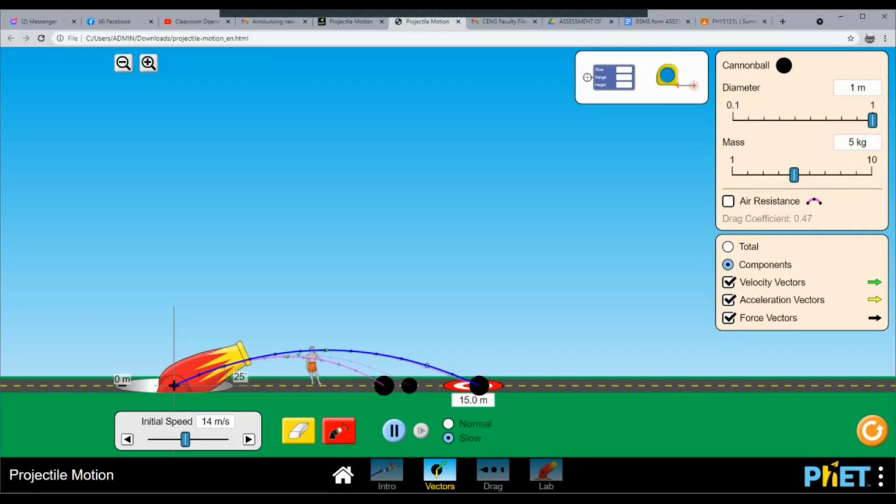Very good. So kung hindi natin consider yung air resistance, lumaki o lumiit man yung diameter ng cannonball, walang magbabago dun sa kanyang natatravel na distance. Okay? Now, what if ang baguhin natin ay yung mass?